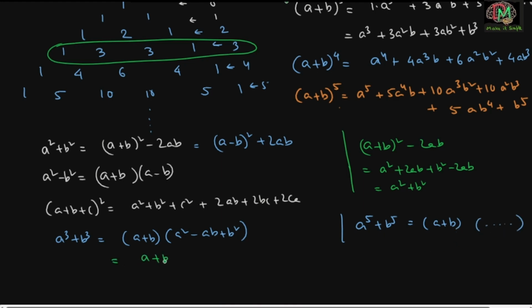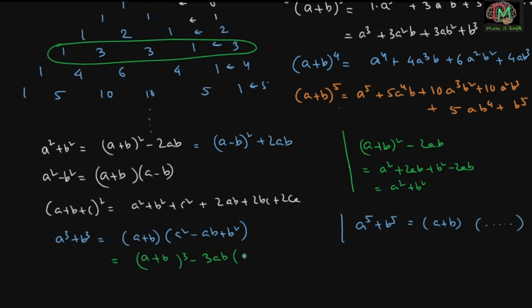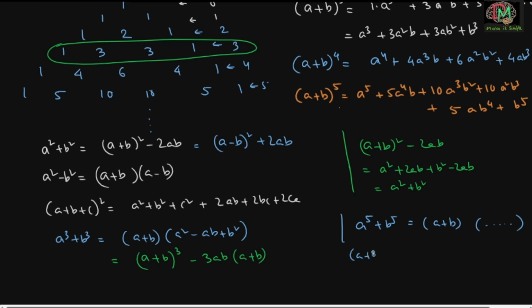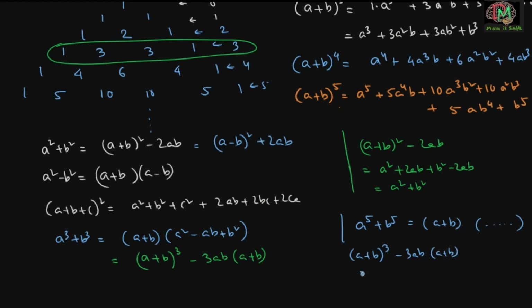Also, a cube plus b cube equals (a plus b) whole cube minus 3ab into (a plus b). Now how can you remember? Look at this. If you expand the (a plus b) whole cube, and 3ab into (a plus b), you get a cube plus b cube plus 3ab into (a plus b) and minus 3ab into (a plus b).